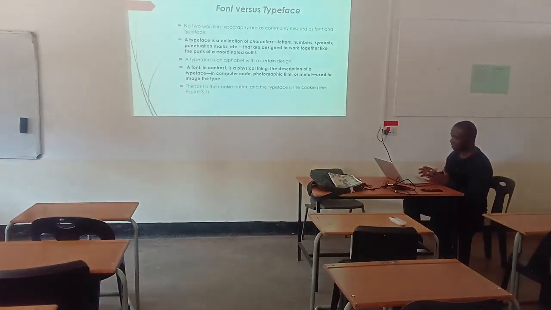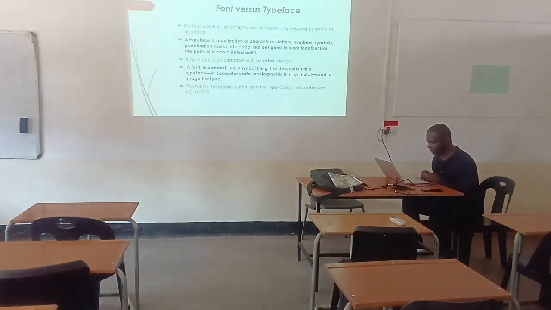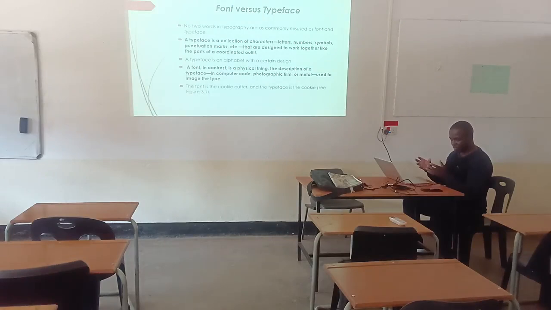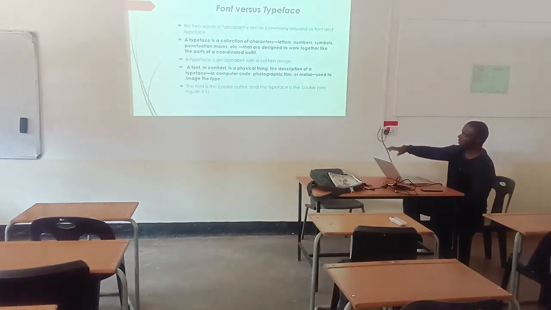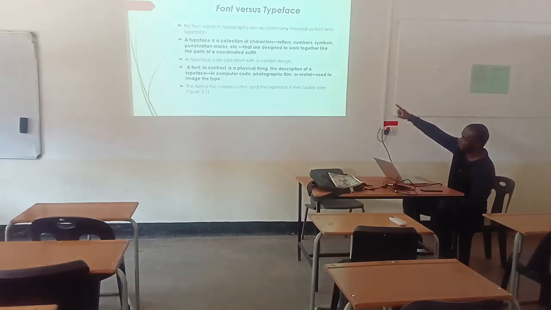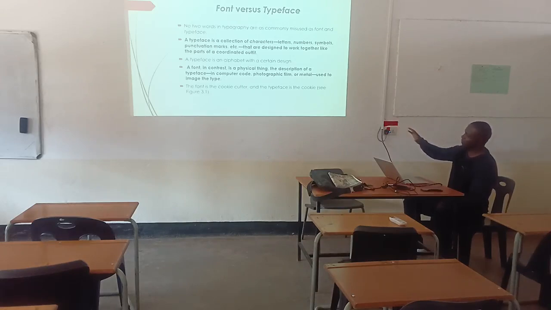So a collection of characters, right? You can appreciate that in the typeface you're going to have characters that will be coordinated. If it's this, for example, it's a typeface. You don't expect that if any character has a specific length, you find some which is completely different.